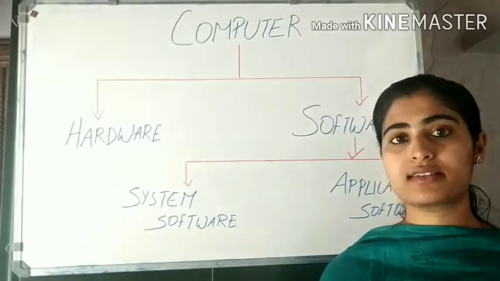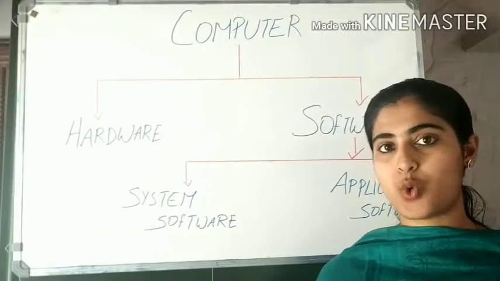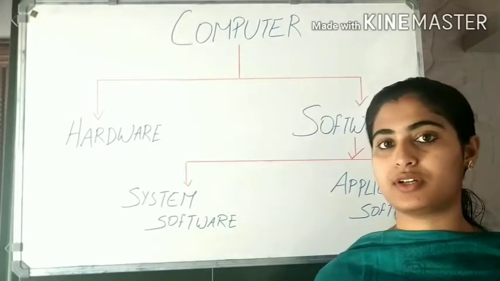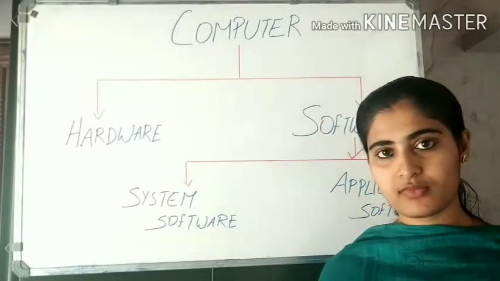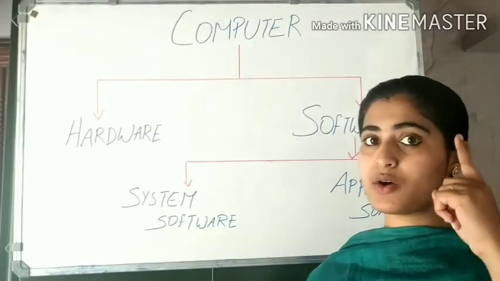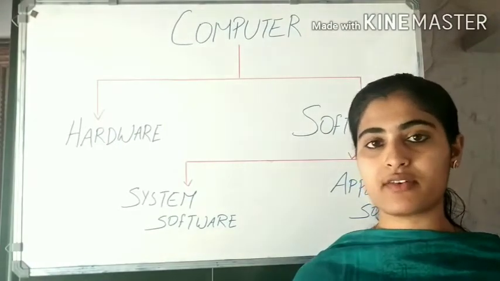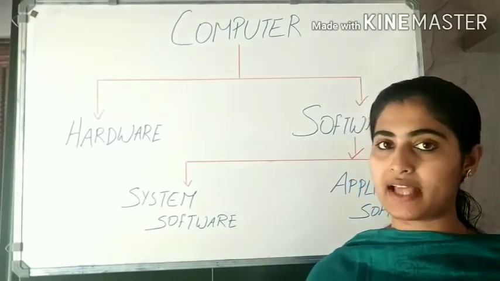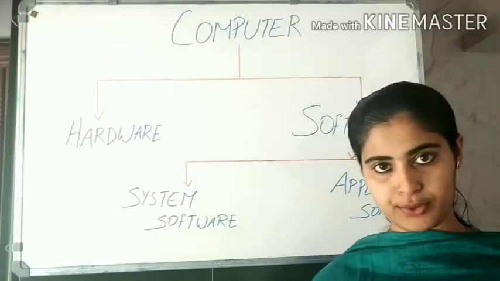And what do you mean by system software? System software is the one who manages all operations inside a computer. What do you mean by that? We know that our brain is the one who manages or controls all operations inside our body. Similarly, system software is the one who manages and controls all operations inside a computer.